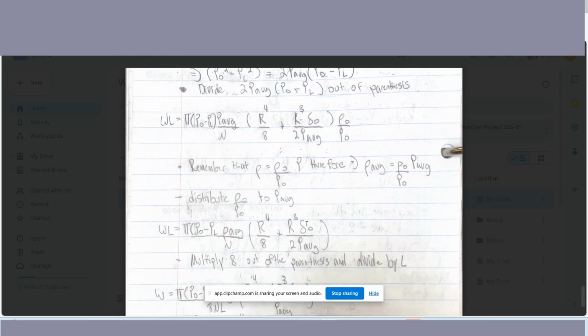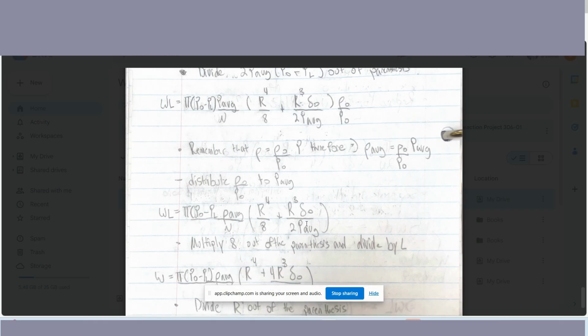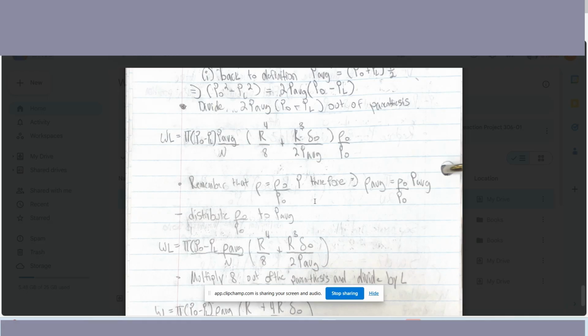So remember that rho equals rho 0 divided by P0 times P. So rho average equals rho 0 divided by P0 times P average. And so where is P average?